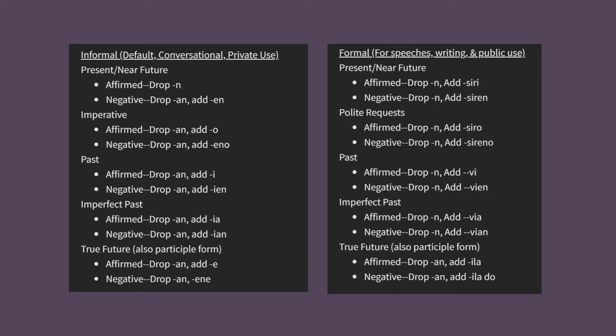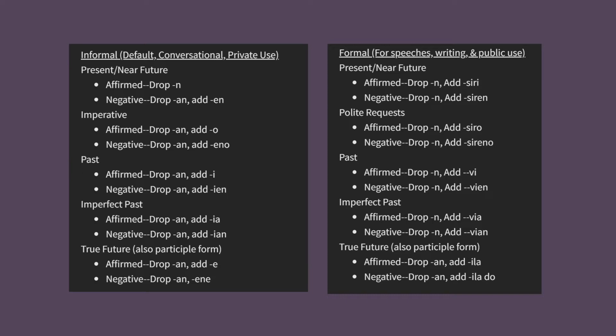Imperfect past, happened, affirmed: seria. Imperfect past negative: serian. True future, also the participle form: seré. Negative: serene.